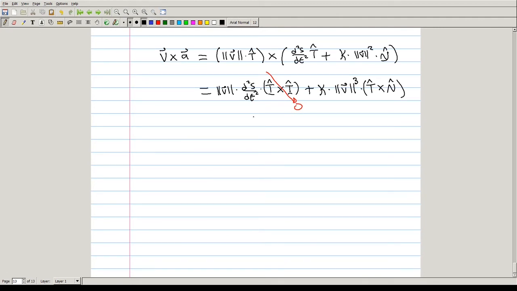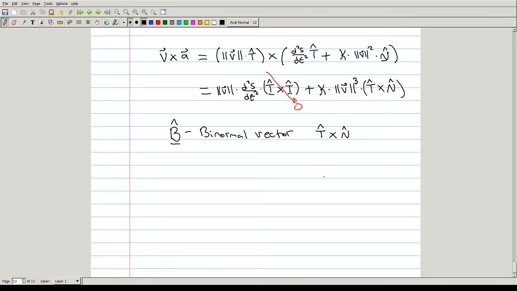And we can actually use this right here. We're going to define what's called b hat, or the binormal vector, to be exactly the cross product of t hat with n hat.